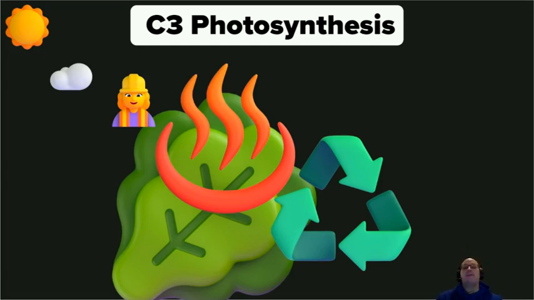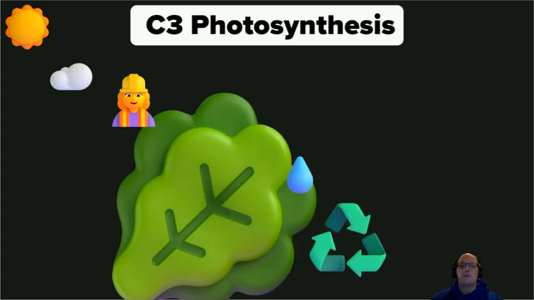It's not going to be high enough to denature their enzymes like Rubisco, but it is going to be high enough to cause issues with water loss from the stomata on the bottom of those leaves. So when things get hot, we see water being lost from those stomata, especially underneath the leaves, and that water is leaving because of transpiration.